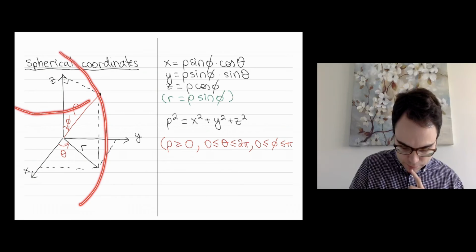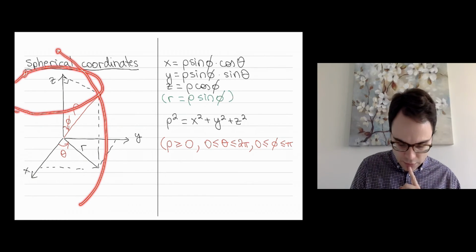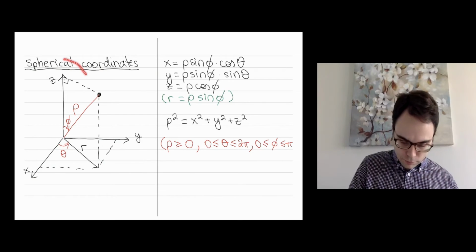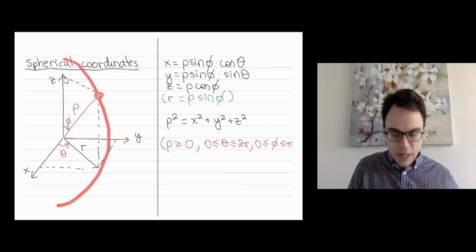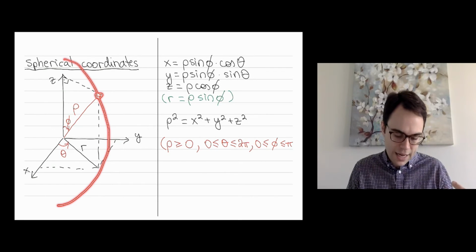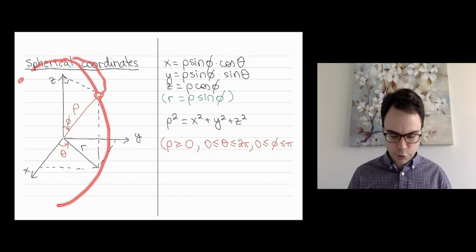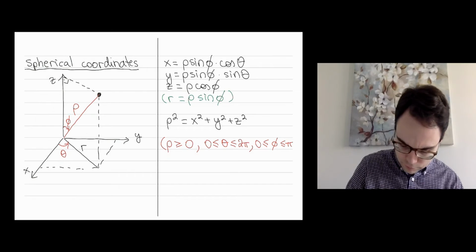You guys can see that if I want to reach a point in the other half of the circle, what I can do is add pi to theta, then I get to there, and keep the same phi, and then I'm able to reach a point at the other end.